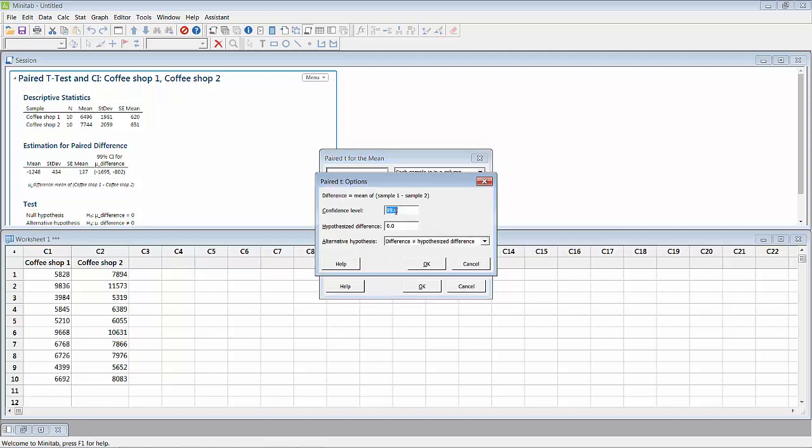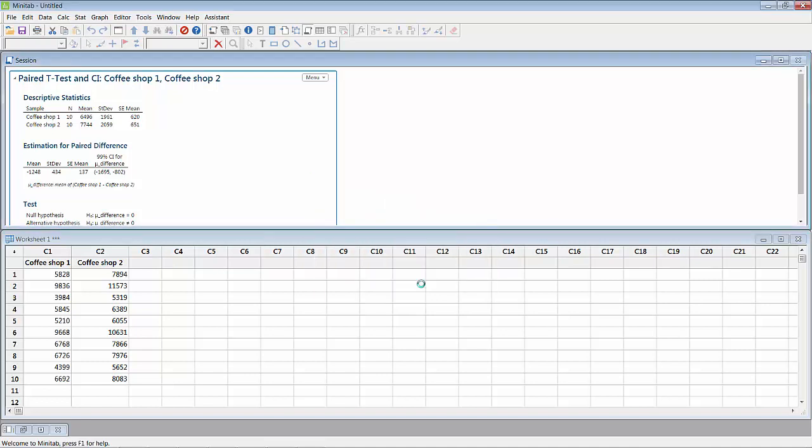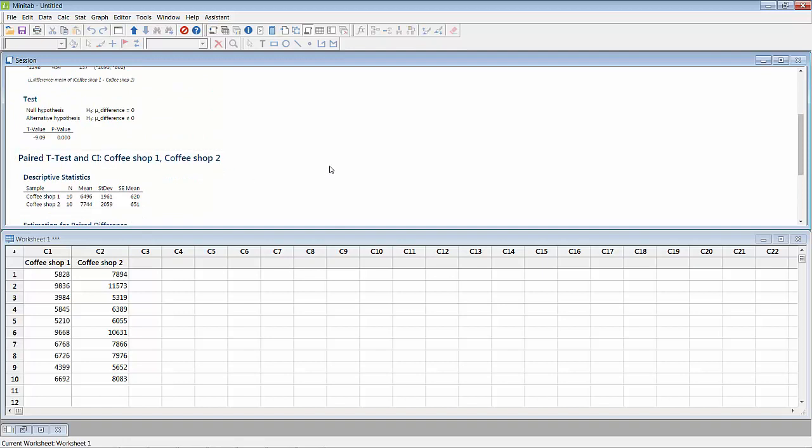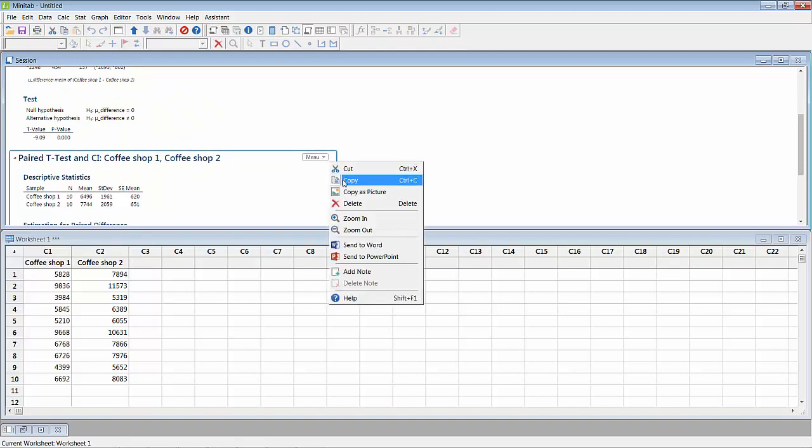Options. Here instead of 99% I will do 95%, and then click OK and OK. So now if you see, our confidence interval is, maybe I will copy this one again to Word and discuss.